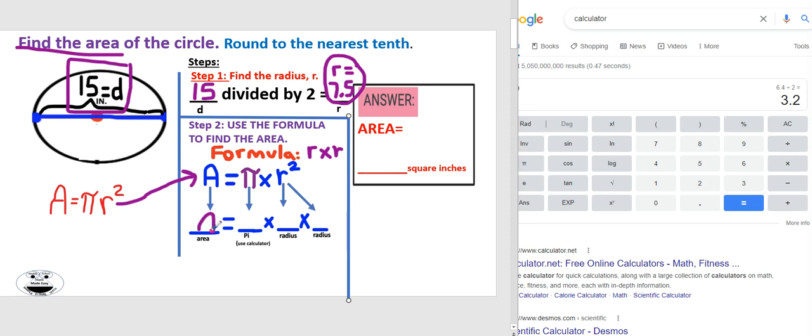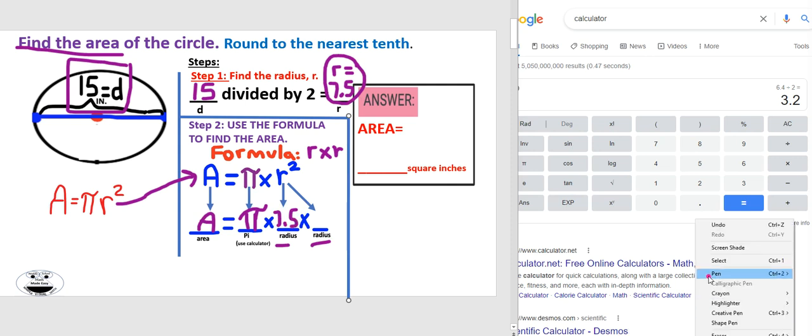We don't know, we put a variable. Pi, we just write pi because that's going to be a button we're going to push on the calculator, a number that the calculator knows what it is. And then r squared means r, radius, times radius, and we know r is 7.5. We figured it out above. So 7.5, and I didn't really give myself much room here, so let me fix that.